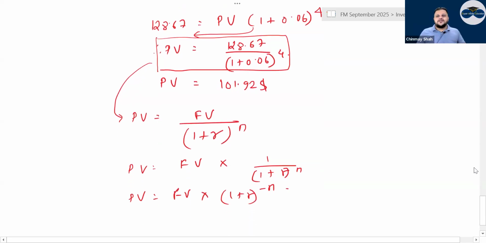Take your scientific calculators, or I will open the calculator here. Have a look at the calculator.